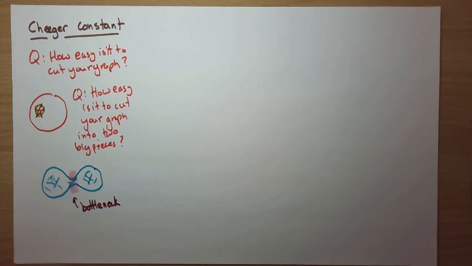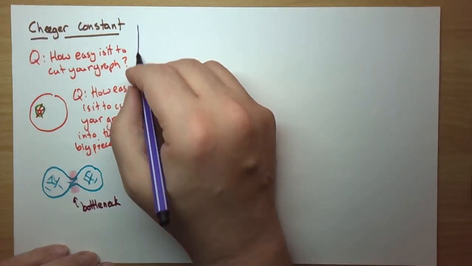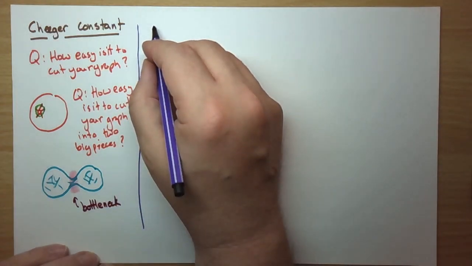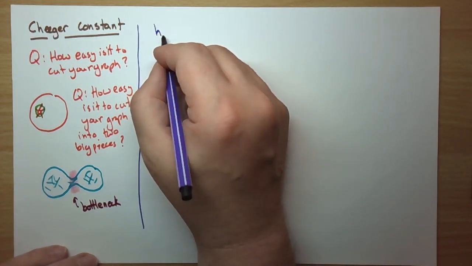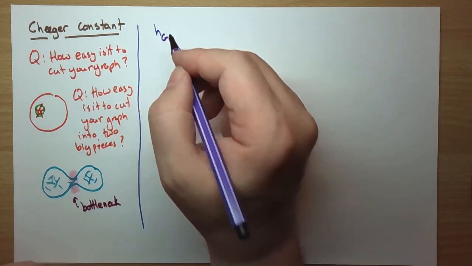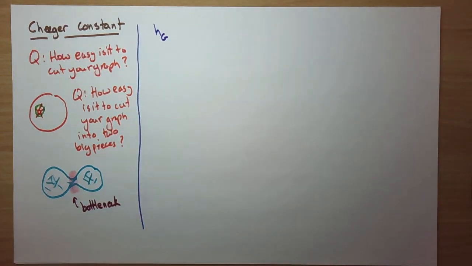All right, so we're going to be talking about edge cuts. And so what's our definition? Well, we're going to define this. And by the way, in case you're wondering, Cheeger was not a combinatorial person, a graph theory person. He was more of a differentiable manifold person.